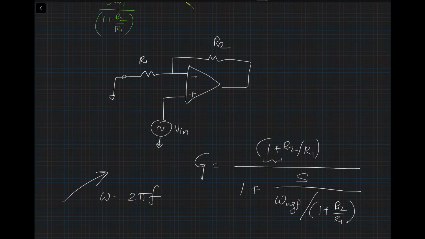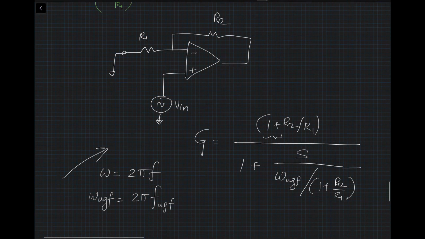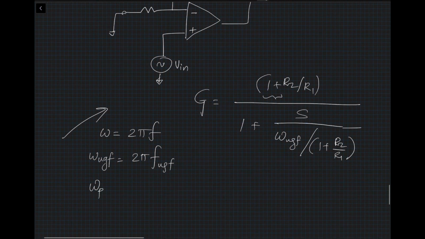Whenever we say omega, this is 2 pi f, so omega UGF is equal to 2 pi f UGF, and omega P1 for that matter is equal to 2 pi FP1. Okay, don't miss out this 2 pi factor. F is in hertz and omega is in radian per second, angular frequency. All right.